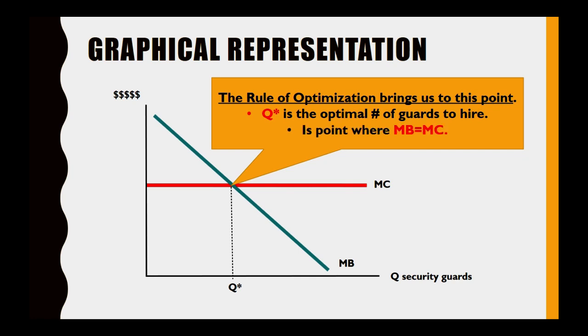And also notice our shortcut rule. Graphically, we simply found the point, right? We'll consume all of these units up to this point, but a shortcut rule would be just find where marginal benefit equals marginal cost, right? Everyone agree that at that point of intersection, marginal benefit equals marginal cost.